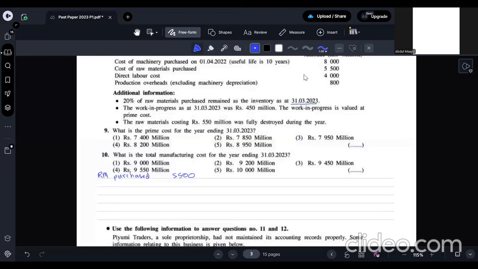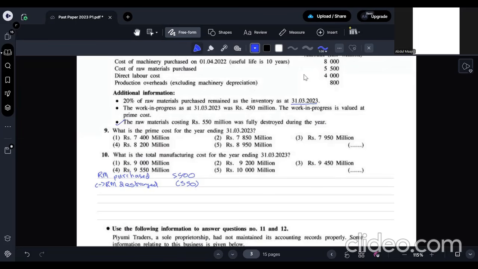Raw material costing 550 million were destroyed during the year. So destroyed raw material you have to deduct, and that will go as other expense in income statement. So raw material destroyed you have to remove. That will be 550.